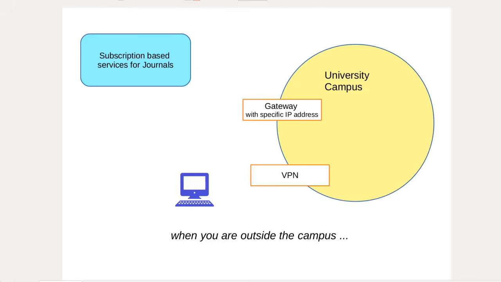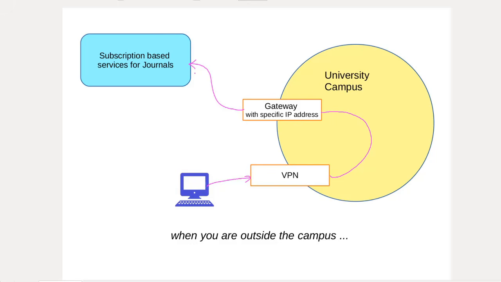So what happens when you are not on campus is as follows. Your campus still has this subscription, so you are eligible to have access to it. Somebody in the university, in the IT department, should provide you with virtual private network access, so that from outside the campus you connect to the VPN that will give you visibility as if you are from the campus, and through the campus access you can then access the subscription services.